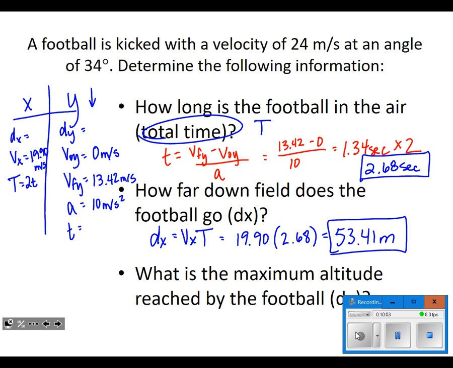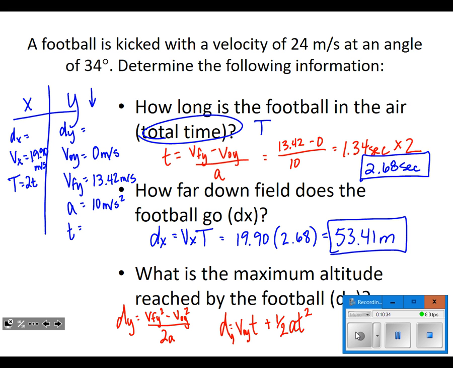And then what's the maximum altitude reached by the football? Now, altitude is going to be back in our y information. You can use two equations. I really like to use this one because of the fact that I already have all these values, so I could just use it, and I know that manipulation. Most of y'all, though, are going to want to use this formula, which is your dy equals your voy t plus 1/2 a t squared, which is completely fine, too.